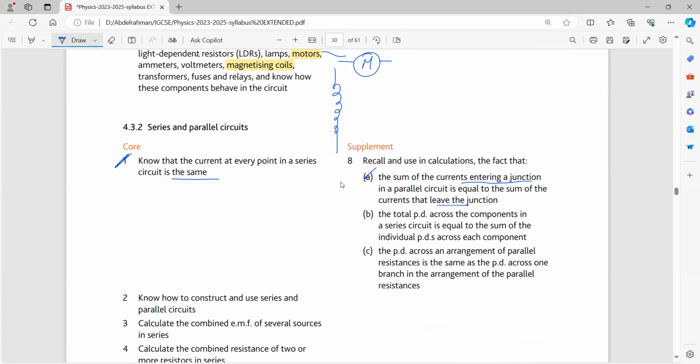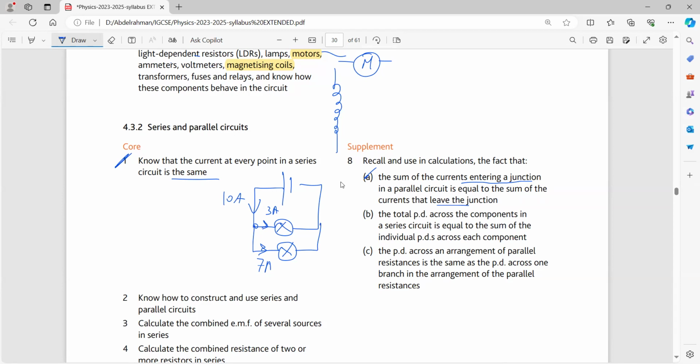If I have a parallel circuit, the whole point is if I have 10 amperes here and this lamp receives 3 amperes, so definitely the other lamp has to receive 7 amperes. That's the whole point of this point.